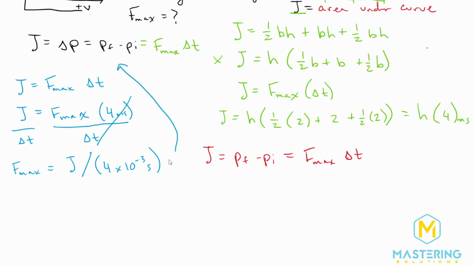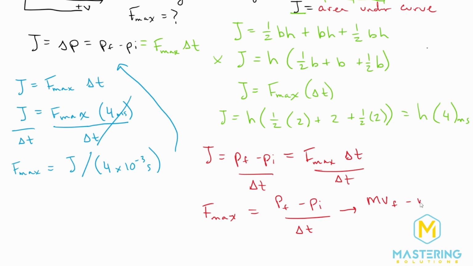So really, we could even skip this step over here and just plug this in for J. So if we divide both sides by a change in time, Fmax is equal to P final minus P initial all over delta t. If we keep going, we have mv final minus mv initial all over the change in time.